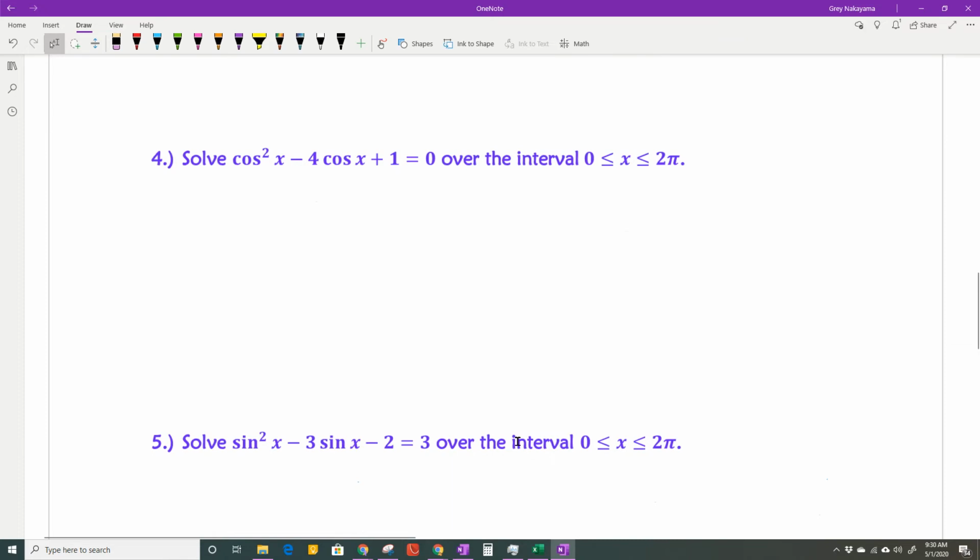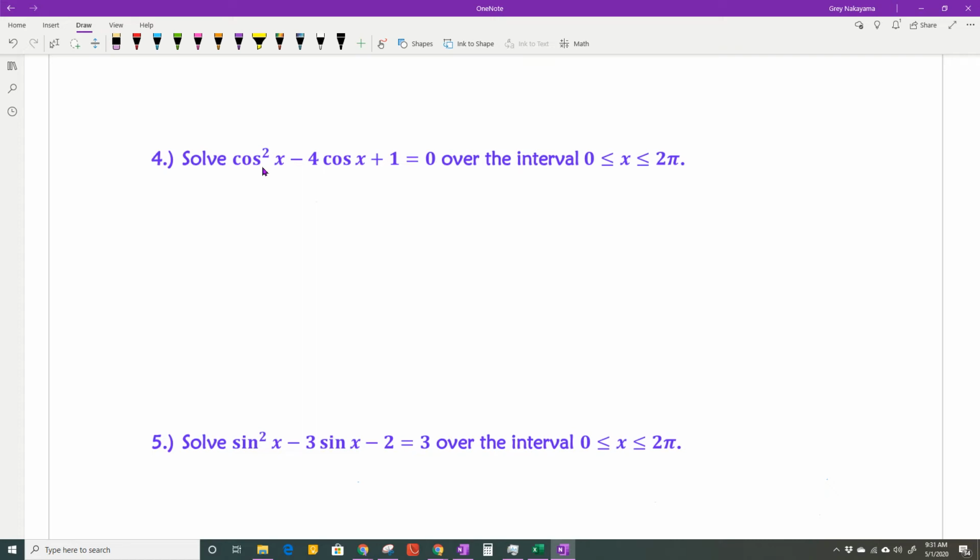Okay, solve cosine squared x minus 4 cosine x plus 1 equals 0 over the interval from 0 to 2 pi. Now, in this particular case, what makes it a little different than what we've had before, I do have all the same trig function, but I have a squared this time. So this is one where in math, they often use the letter u to describe a process called u substitution.